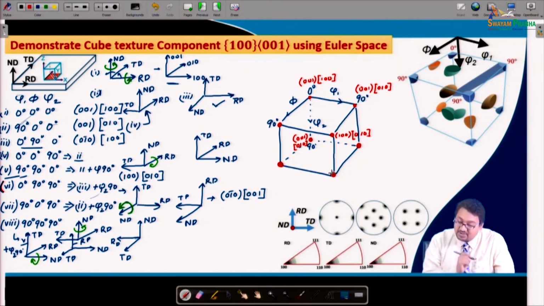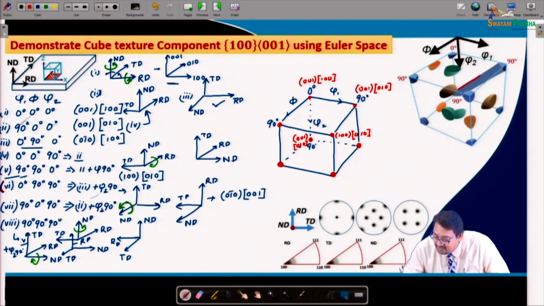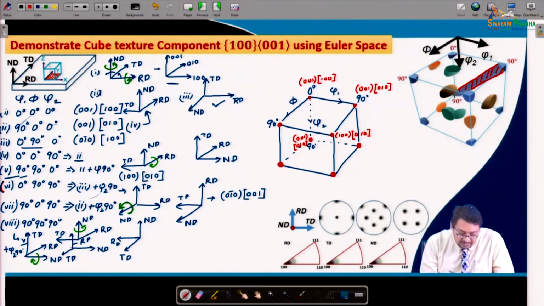However, there are more cube components present, and these cube components which are present in this Euler space are also shown in terms of the fiber which is shown here, right, this fiber. Now, how can it be shown?